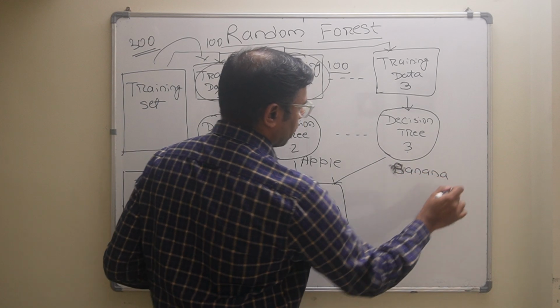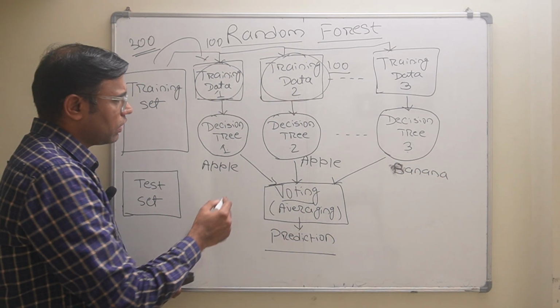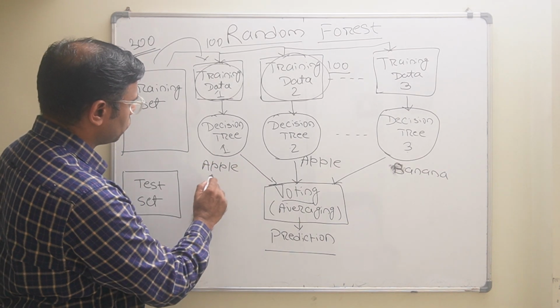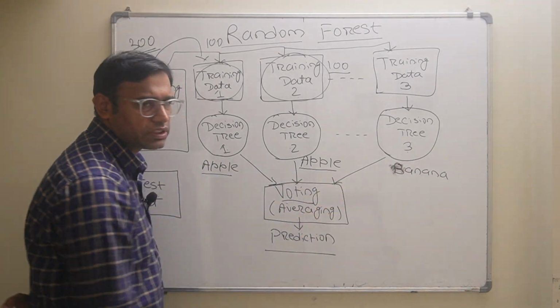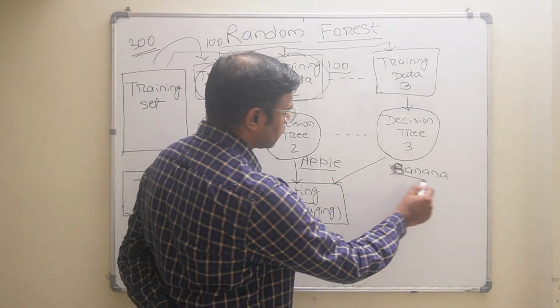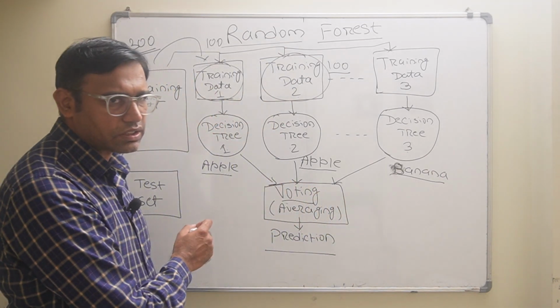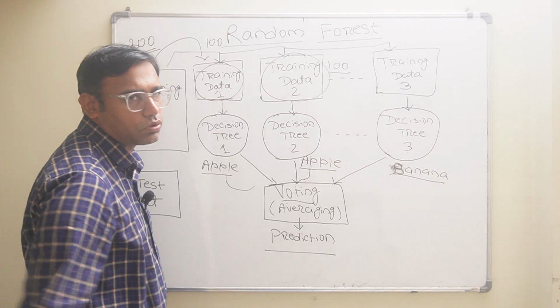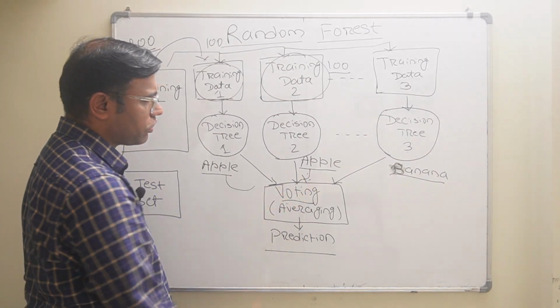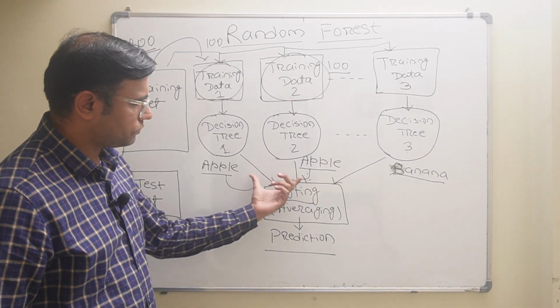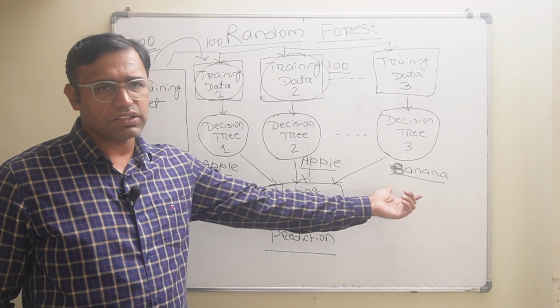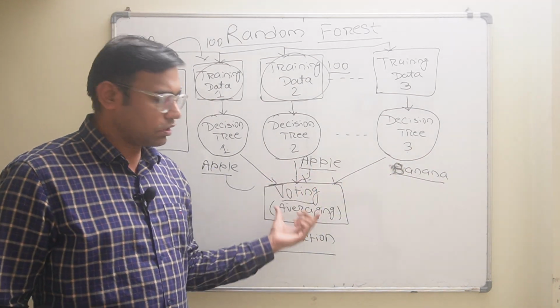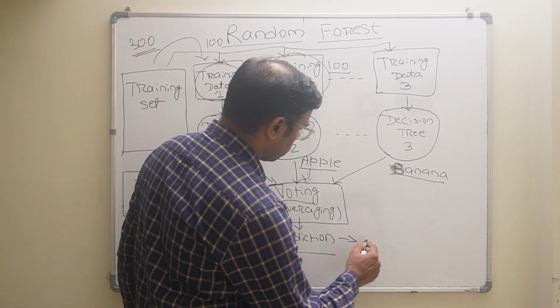Here the output of two decision trees is apple and the output of one decision tree is banana. So if voting is considered, the prediction will be apple, because apple is 2 and banana is 1. So if you consider voting, the prediction will be equal to apple.